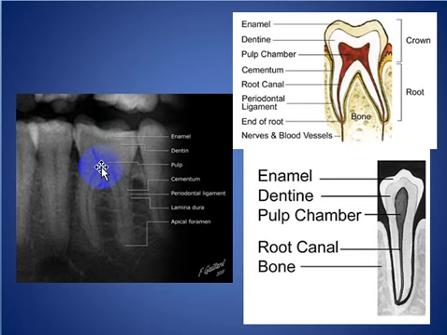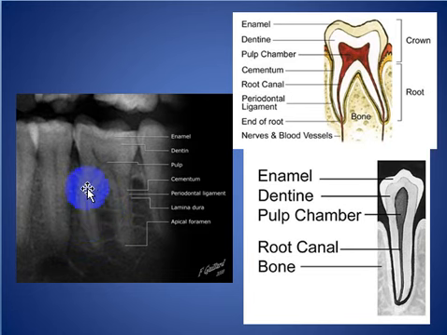And the pulp is radiolucent, and it is composed of soft tissues and extends into the root.